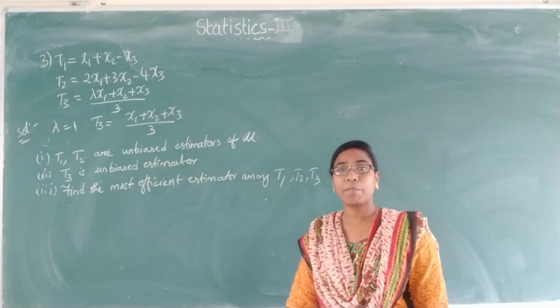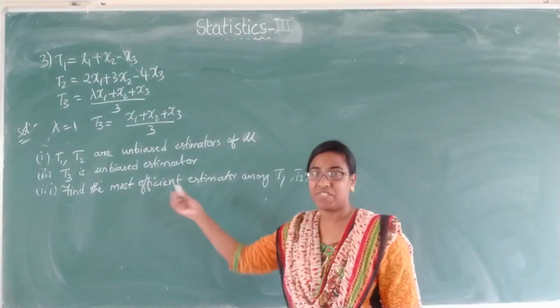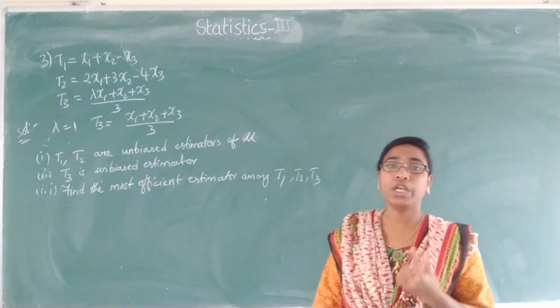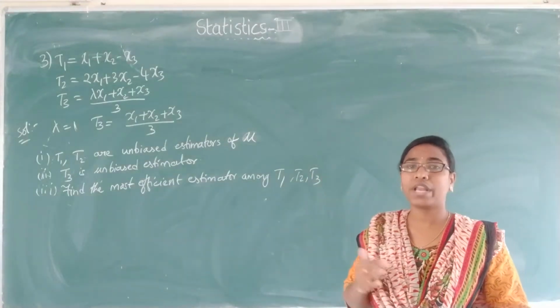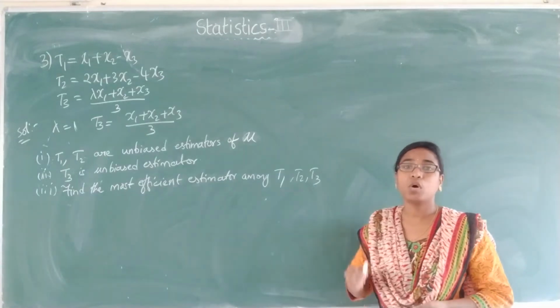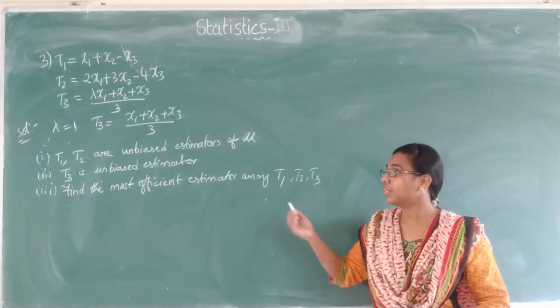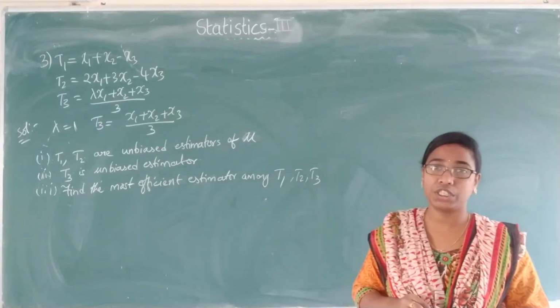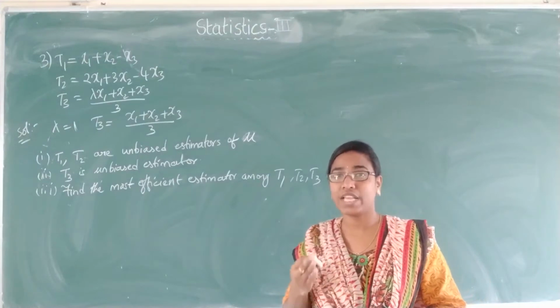Whenever you are comparing, we use the term most efficient. If you are comparing only two estimators, then we use more efficient. If you have more than two estimators, to pick the best one among them, we use the term most efficient. So this is the condition to check the efficiency of the estimators.